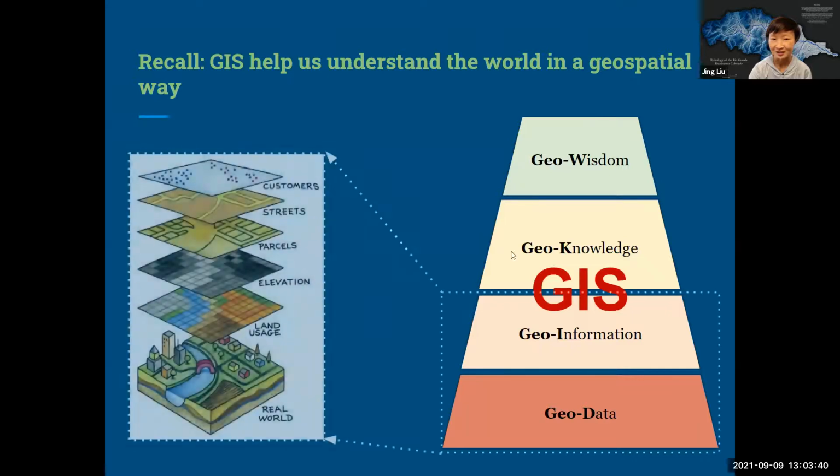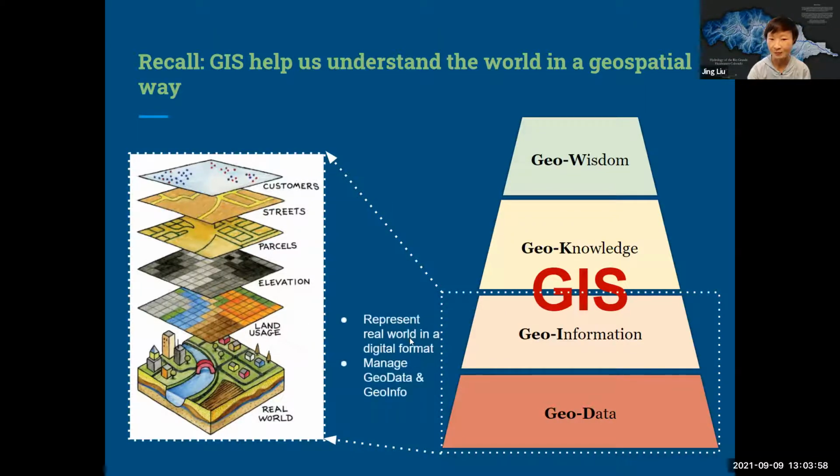You can see here, we collect our data, spatial data, geodata, right? And based on the data, we can extract spatial information or geo information. And GIS is right here that can help us to do these things, to store, to represent, to put those real world data into this GIS system.